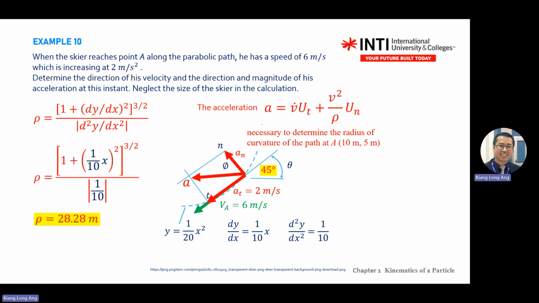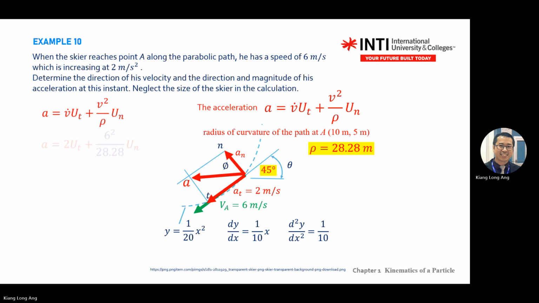You have the v, which you were already given, and you get the an direction. Then you time differentiate your V. This one, the magnitude is 2.